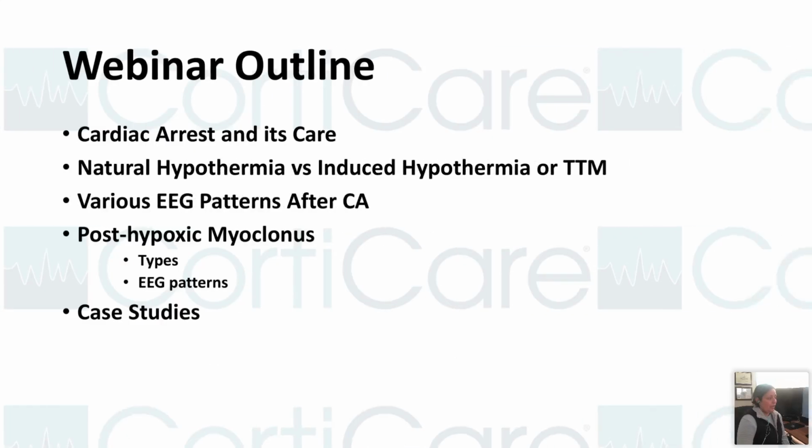I don't have anything to disclose, just that all the EEG samples that I have are taken from some of the research articles available on PubMed and some of the patients that I had monitored over a period of time.